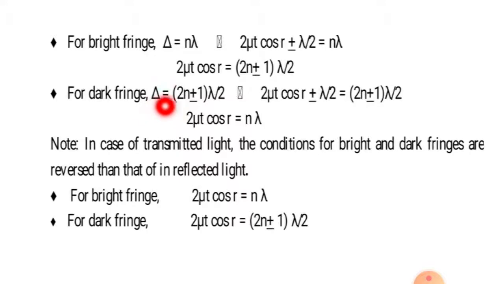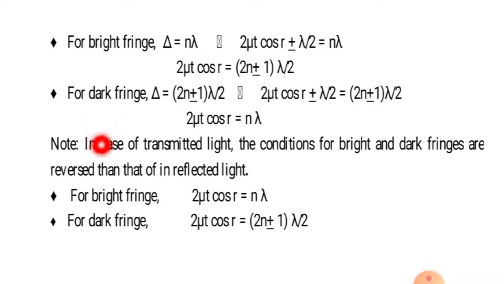The path difference we found, 2 mu t cos R plus or minus lambda by 2, is equal to 2n plus 1 into lambda by 2, where the plus or minus depends upon the phase of the incident wave. Simplifying, we get 2 mu t cos R is equal to n lambda. So the path difference is an integer multiple of wavelength and we get a dark fringe. Whatever the wavelength superimposing, we get minimum intensity, that is, the fringe will appear dark.